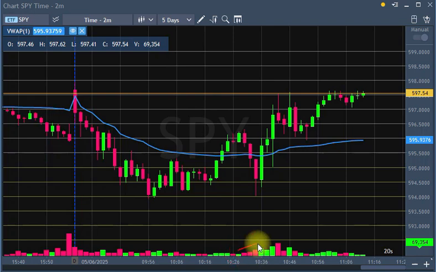You can see this hump on the volume, and basically that moved the market from 594 to 598.5. That's roughly 0.6 or 0.7 of 1%. So instead of being down 0.4, we are up now nearly 0.3. That's a good thing. The market is trending higher, although it is now at highs of the day.